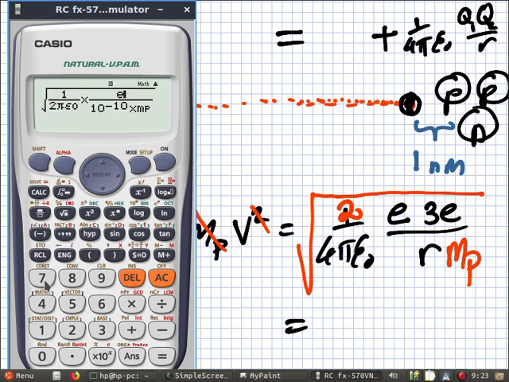Mm, 23. 23. No. 23. Okay. 91 kilometers per second, we'll say. 91 kilometers per second.